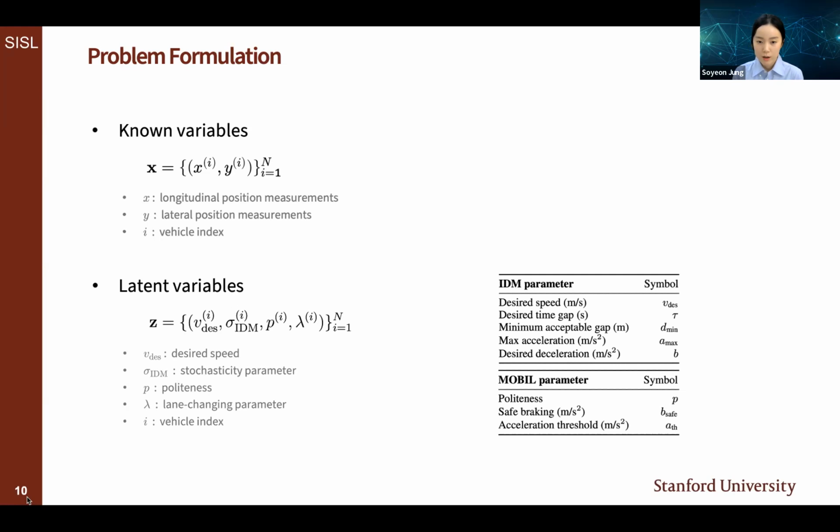Then Z denotes a set of latent variables, including the desired speed parameter from the IDM, the variance term from the stochastic IDM, the politeness parameter from MOBIL, and the lane changing parameter lambda, which will be discussed in the next slide. We assume these are multinomial variables, and the goal is to infer Z by observing X.